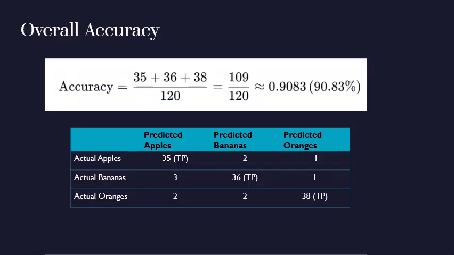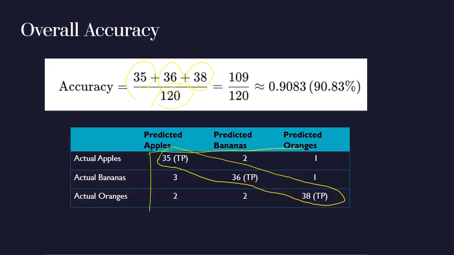So we have here our true positives. We have 35 for the apples, then 36 for the bananas, and 38 for the oranges. This is our true positive. So if we look at our confusion matrix, we have here our true positives, and then 120 here is the total number of samples seen in our confusion matrix.